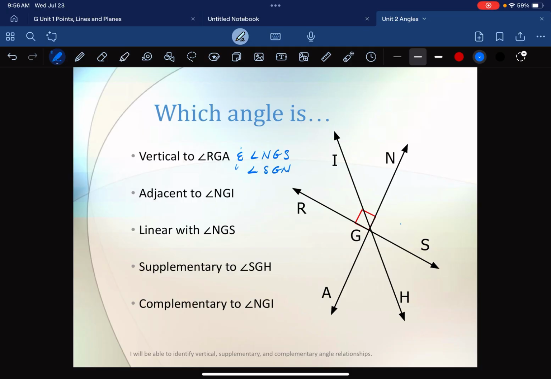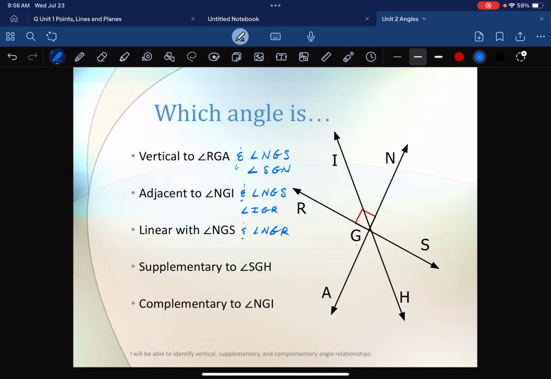So I'm going to go clockwise to NGS, or maybe you went counterclockwise to angle IGR. Either one of those. Linear with NGS. Well, I'm going to extend GR. So I'm going to have NGS be the right half, and angle NGR then is the other half of that.